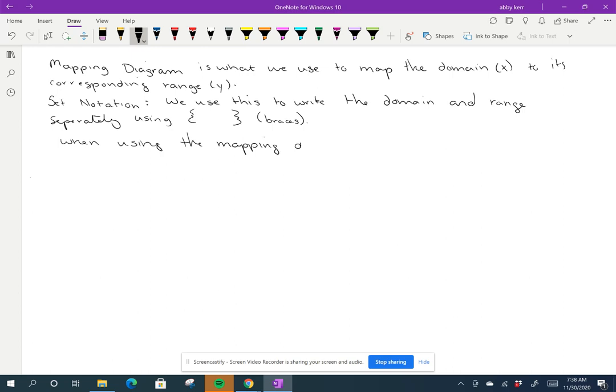So when using the mapping diagram or set notation, you want to write the numbers smallest to biggest. And if a number repeats, write it once.